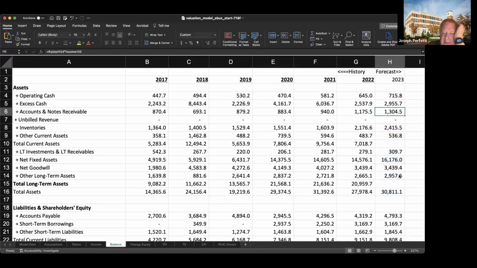When I hit enter, I should get 2,955.7 of solved for excess cash and no circular reference.